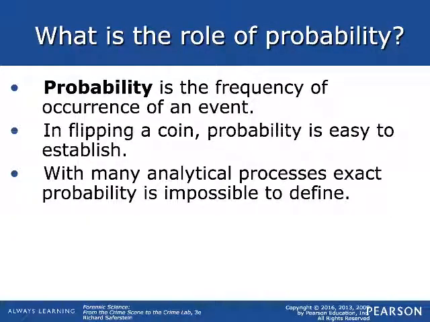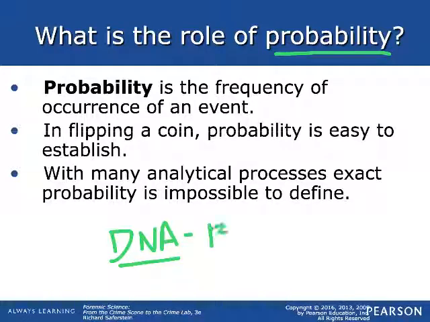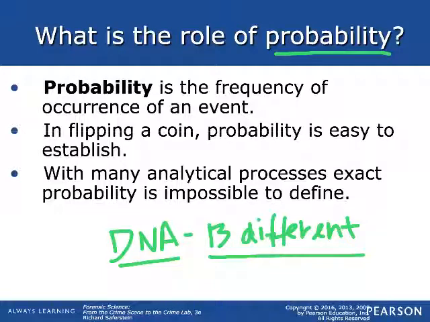Now, a lot of this is based on probability. When they're doing DNA analysis, they look for 13 different genes, or 13 different regions of DNA, in order to determine without a reasonable doubt that something matches.